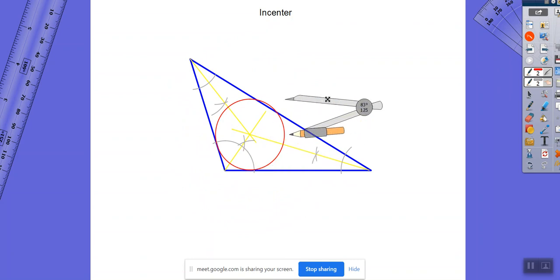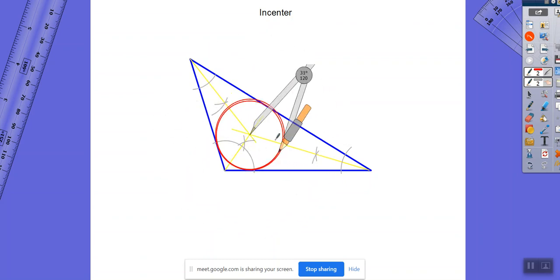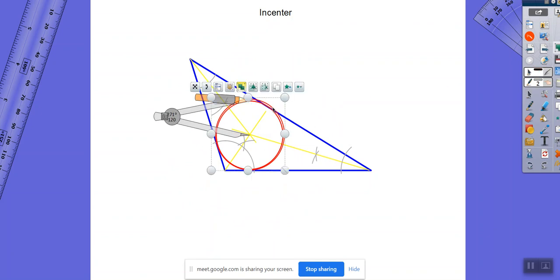So I'm a little bit off here, guys. I am sorry. So why is that? There we go. Mine's a little bit off, but the compass broke a hole in the paper, so. That's all right.